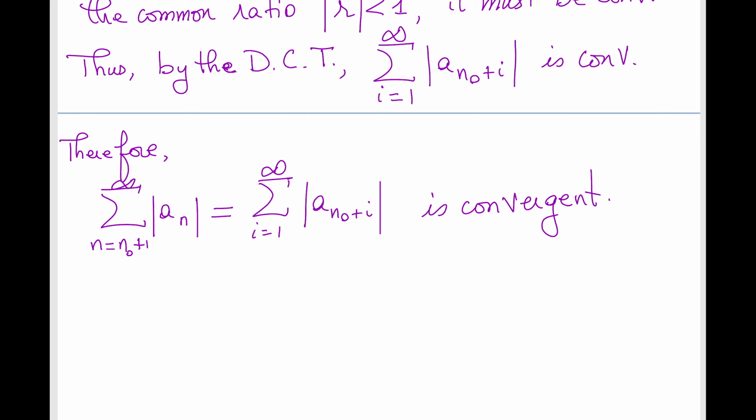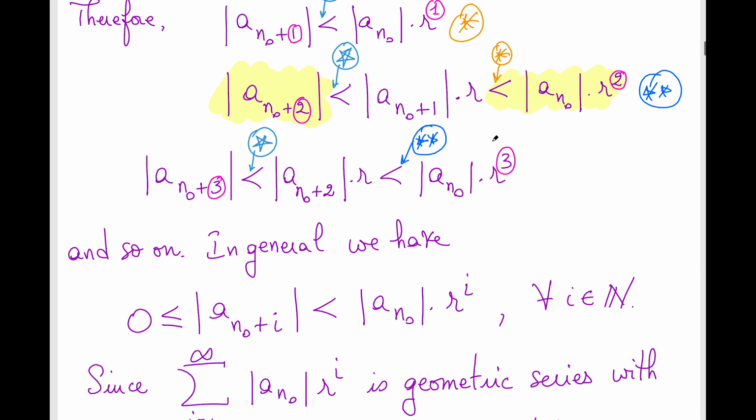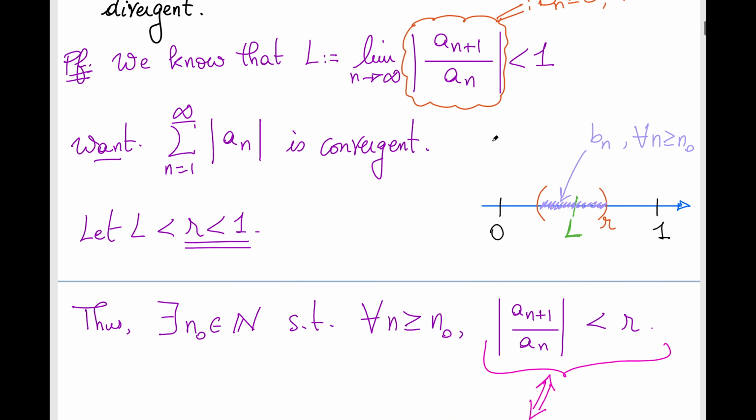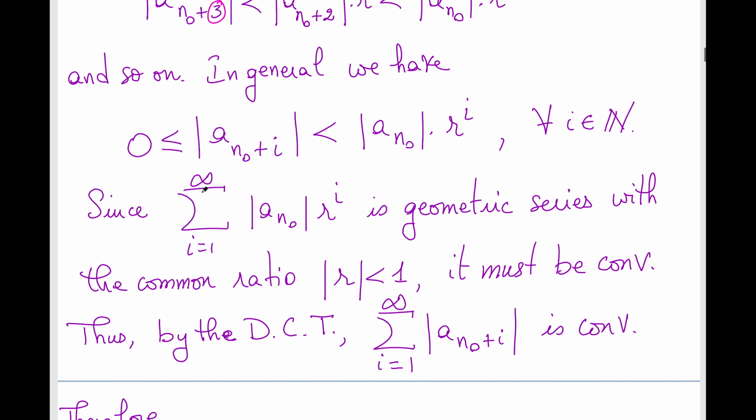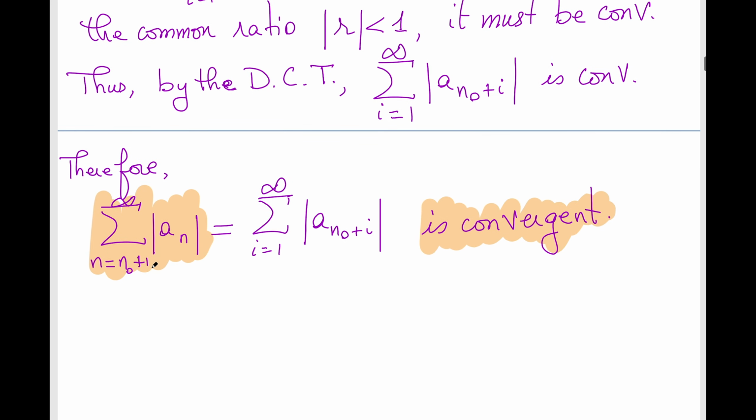All right, so I'm going to highlight again what we have. I have that this one is convergent. Is it what we want? Well, what did we want? We wanted this series to be convergent. What's the difference between this one and what we just showed? Just adding finitely many elements.